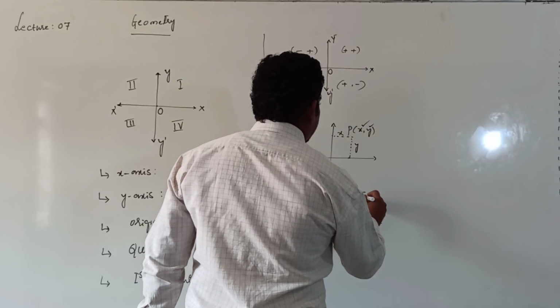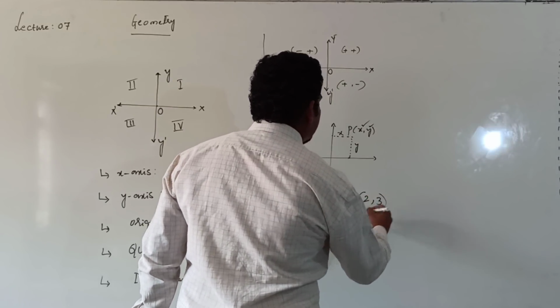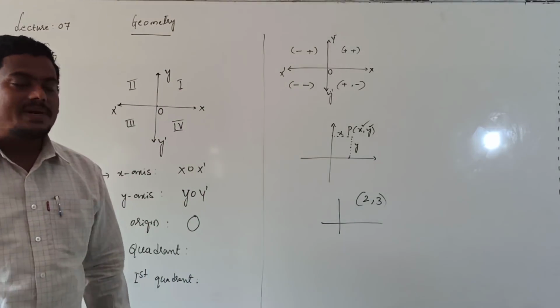If you write 2, 3, what is the meaning of 2, 3?